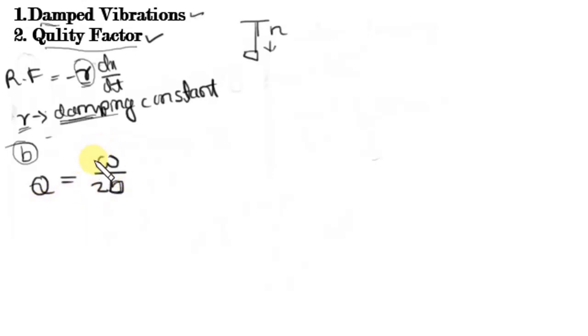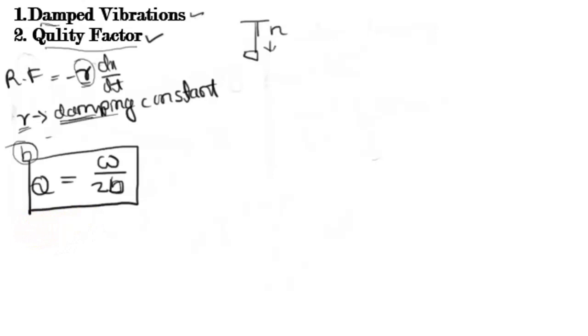As we already know, omega is used to explain the natural frequency, and b is used to explain the damping frequency. So this is the equation for quality factor.